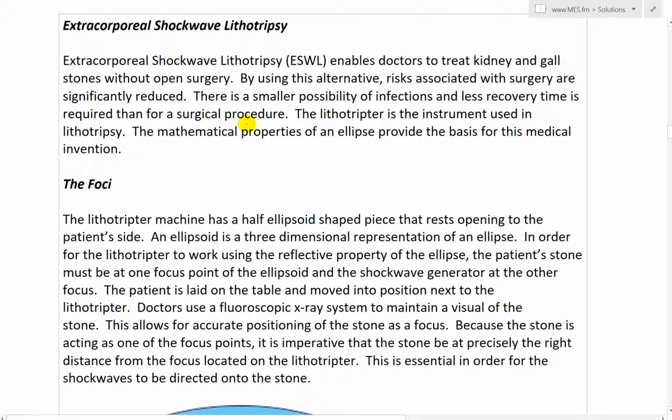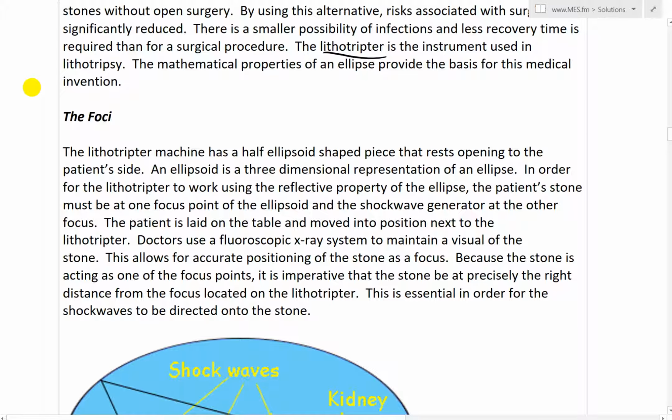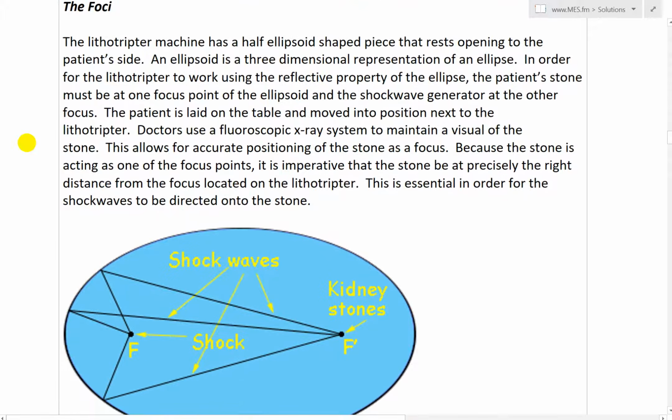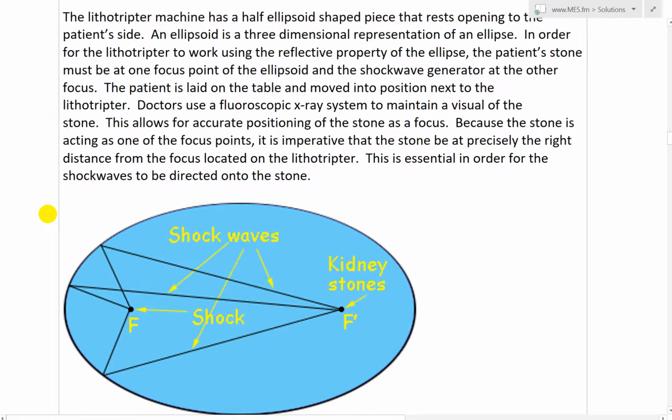The lithotripter is the instrument used in lithotripsy. The mathematical properties of an ellipse provide the basis for this medical invention. The lithotripter machine has a half ellipsoid shaped piece that rests opening to the patient's side. An ellipsoid is a 3-dimensional representation of an ellipse, a 3D ellipse.